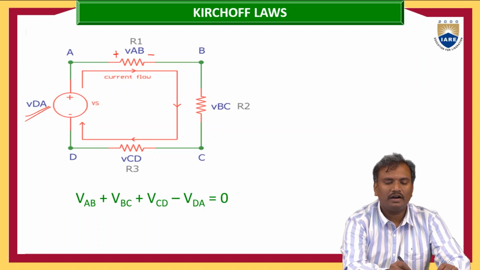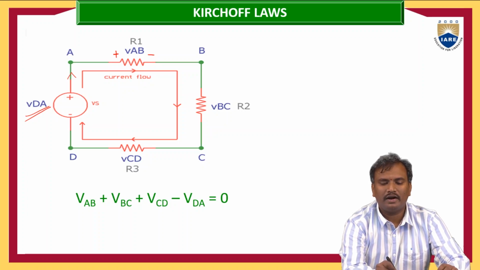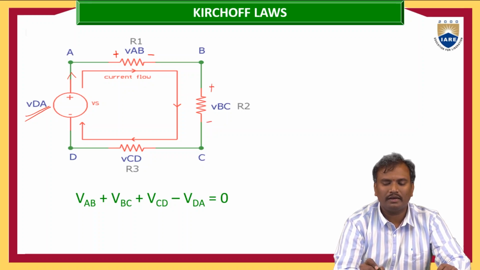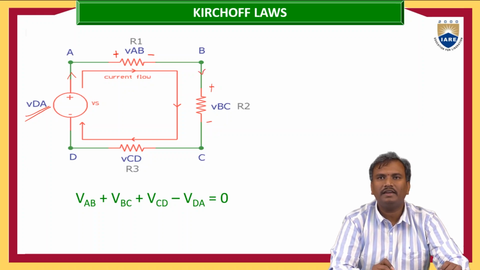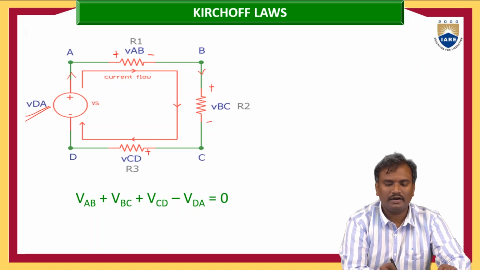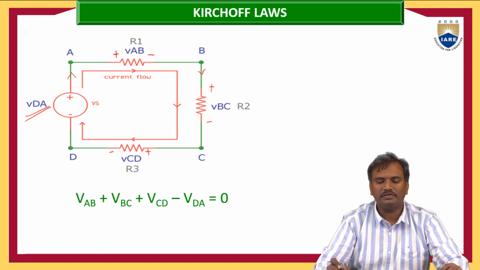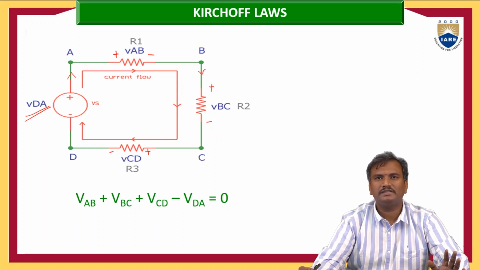So current will start from the positive towards A node, and the terminal which is entering is taken as the positive and this is taken as the negative. In the same way here also we have to take current entering terminal as positive and leaving terminal as negative. And here also current entering terminal is taken as positive and leaving terminal is taken as negative.